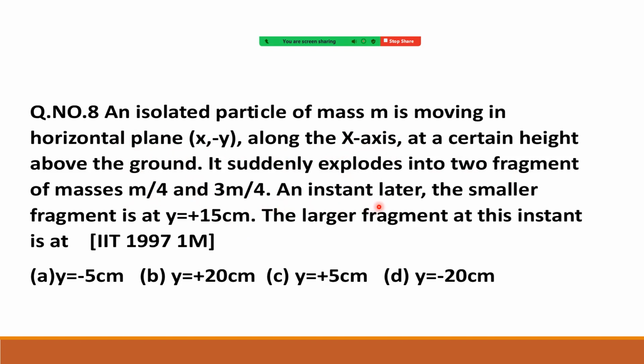At an instant later, the smaller fragment is at y equal to plus 15 centimeter. The larger fragment at this instant is? So again here we can take given m by 4, 3m by 4, smaller one plus 15.